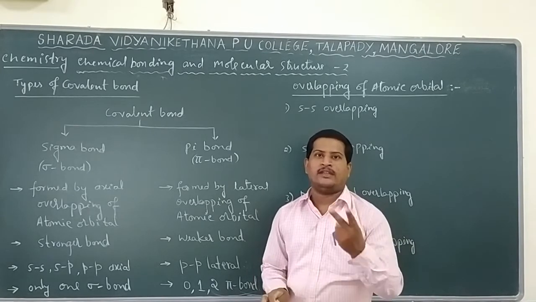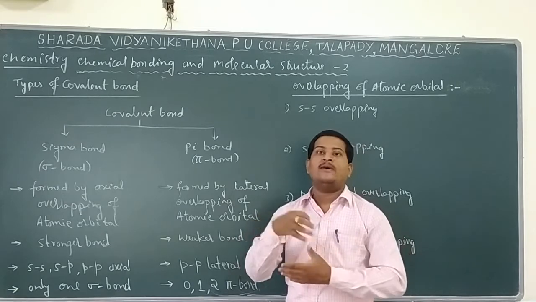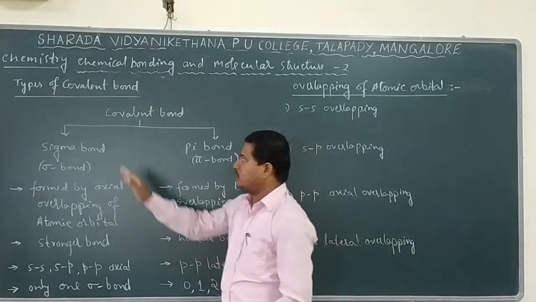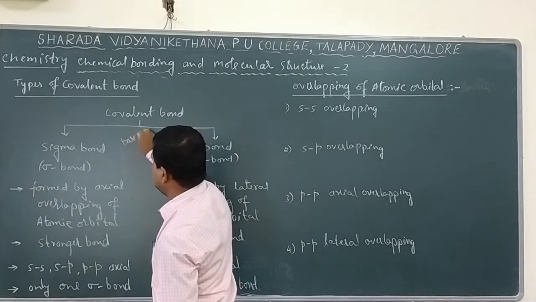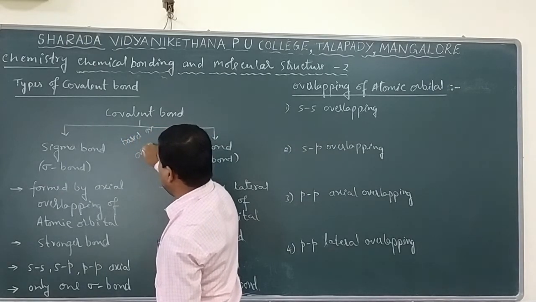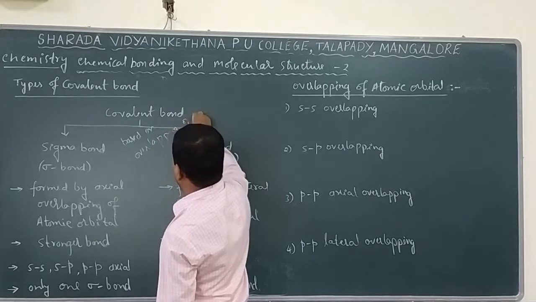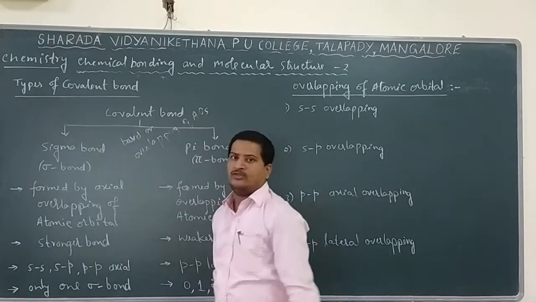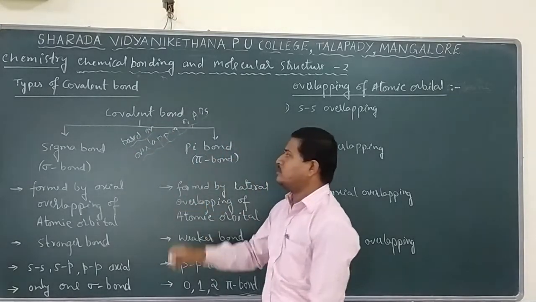Students, there are 2 categories of covalent bonds one can find. Okay. So based on the overlapping of atomic orbitals, there are 2 categories of covalent bonds.